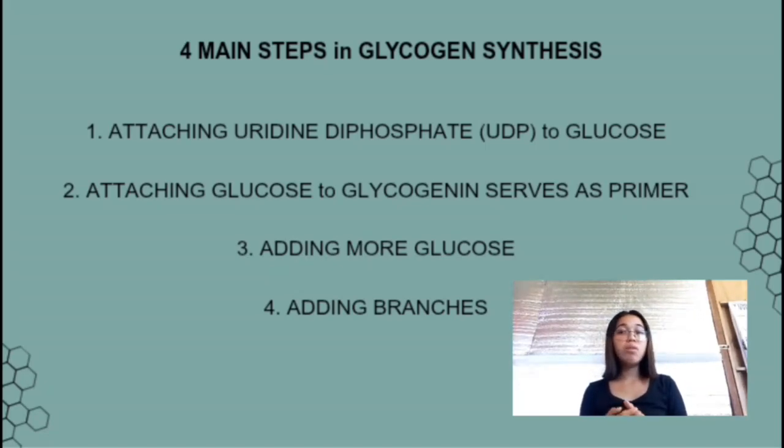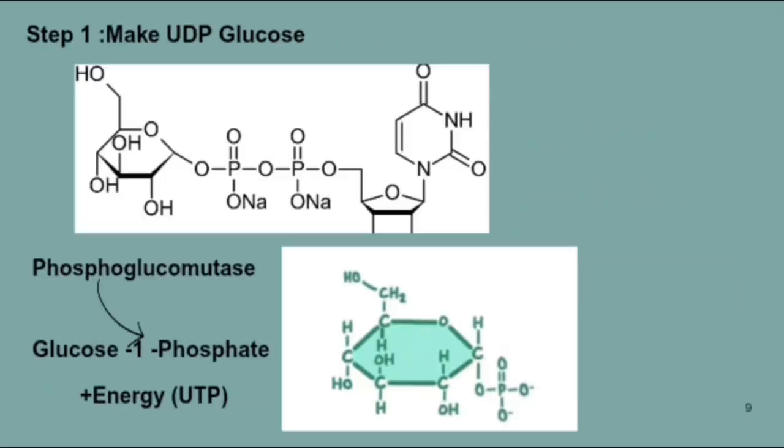Second, attaching the glucose part of the UDP glucose molecule to a glycogen primer, glycogenin. Third step is adding more glucose molecules to the primer. And the last step is adding branches to the glycogen molecule.